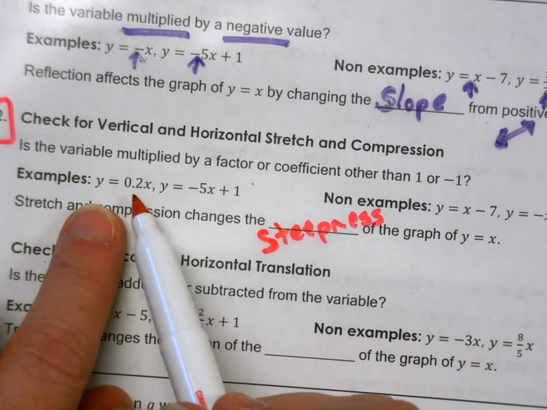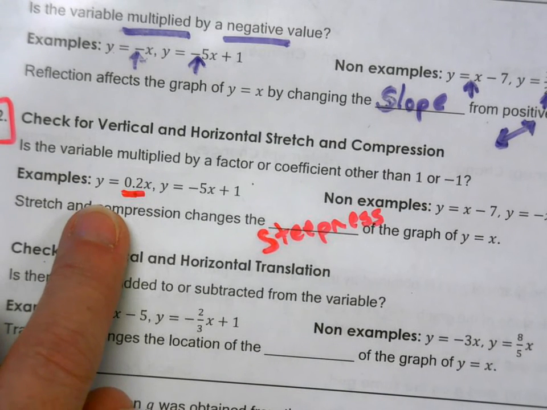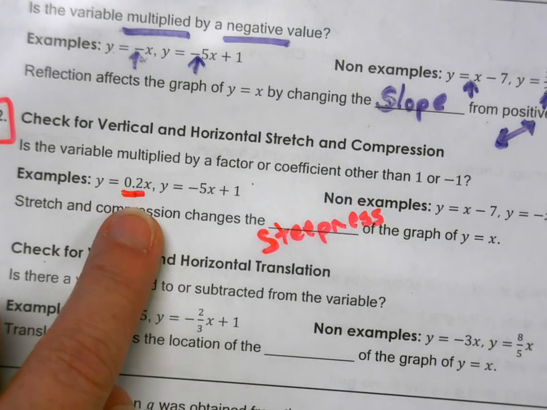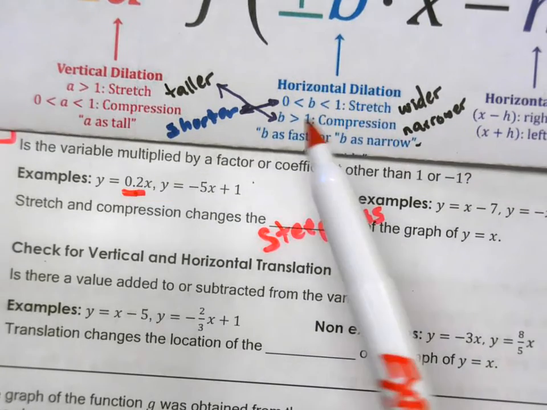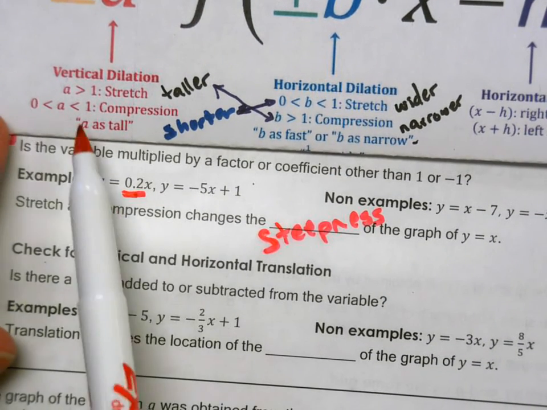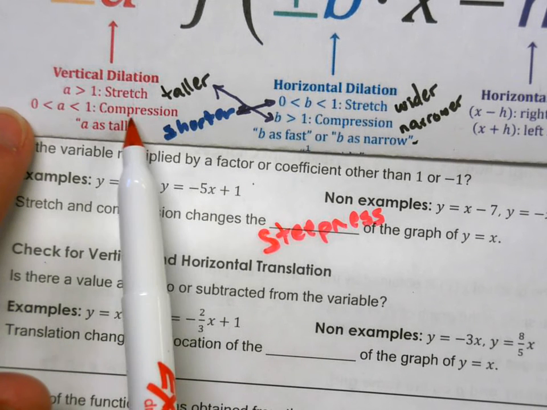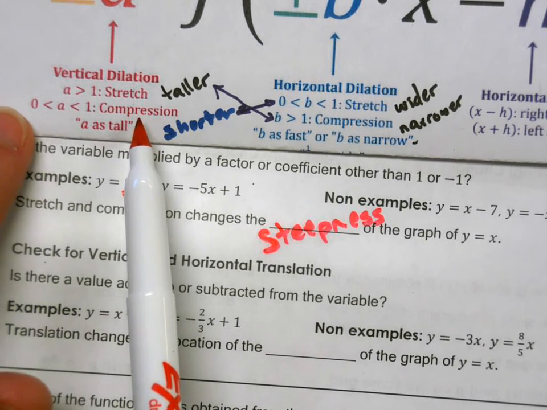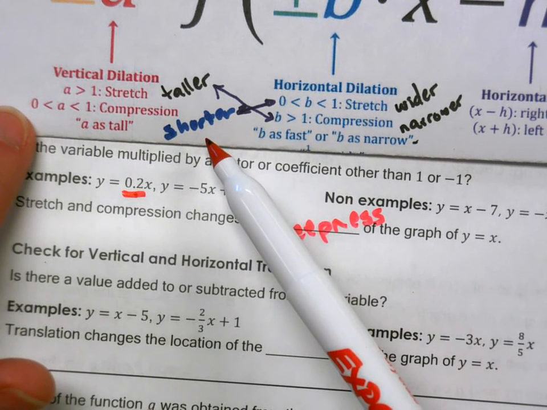And some examples, okay? So this number that's being multiplied in front of the x here, 0.2, is it greater than 1 or less than 1? Less than 1. So notice right here, if this number being multiplied out front is less than 1, if it's between 0 and 1, then it's being vertically compressed, or it causes the graph to look shorter.